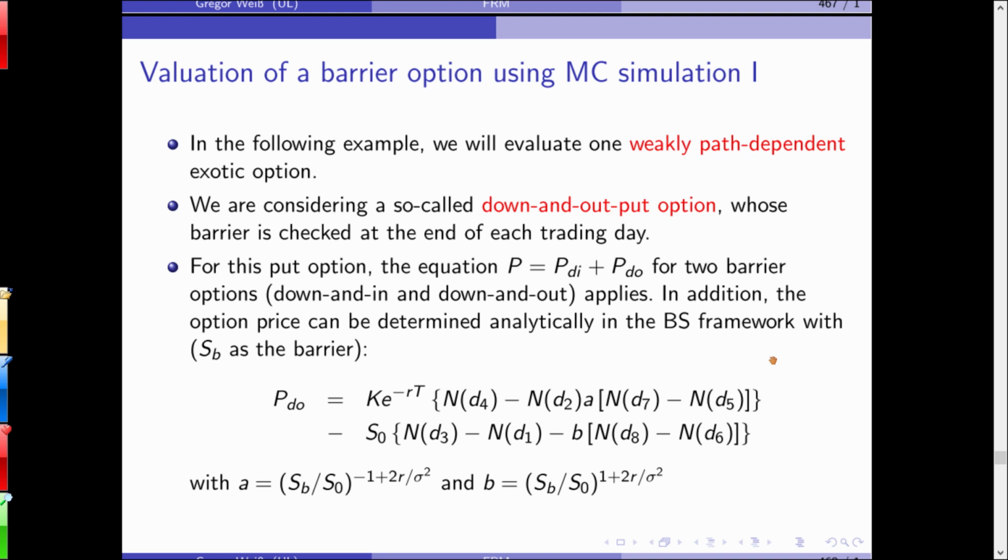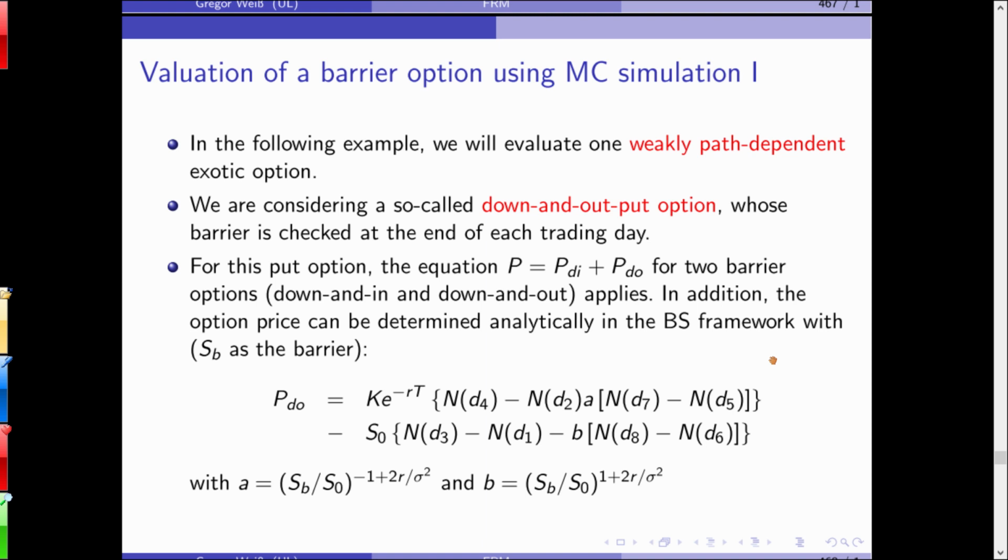For this put option, you also have a Black-Scholes price. The price of a regular put is equal to the price of a corresponding down and in plus the price of a corresponding down and out option.